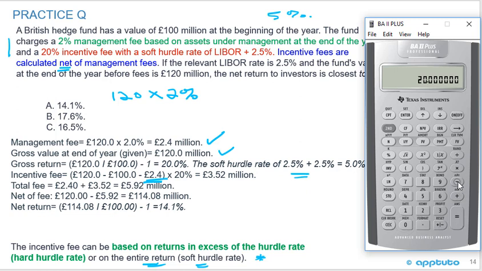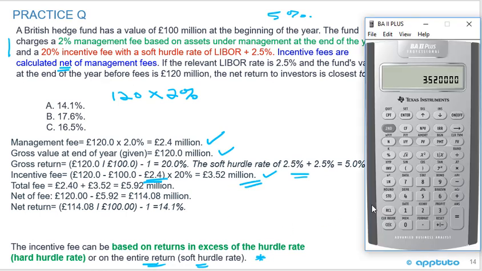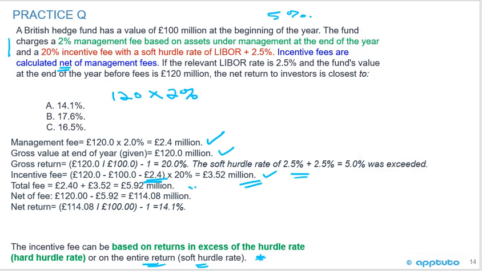We're going to subtract, because it says net of management fees, the 2.4, and we're going to multiply then by 20%, and we get an incentive fee of 3.52 million pounds, okay? So therefore, it's easy to calculate the total fees, 3.52 plus our 2.4 management fees, and we have total fees of 5.92 million pounds, okay?